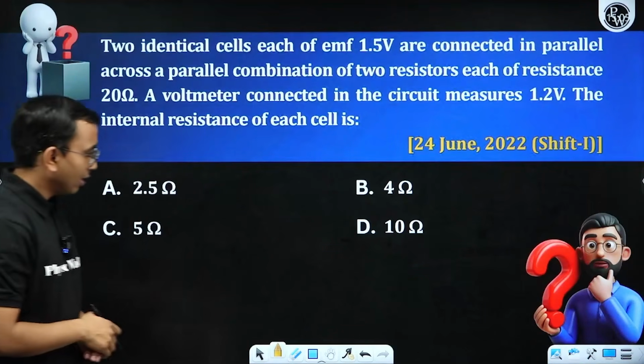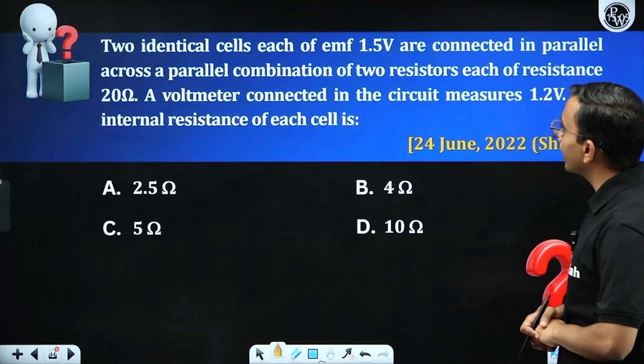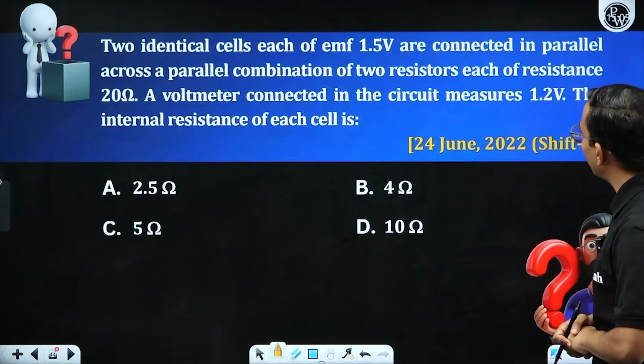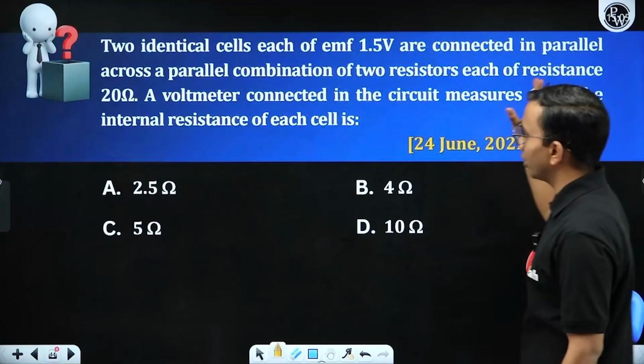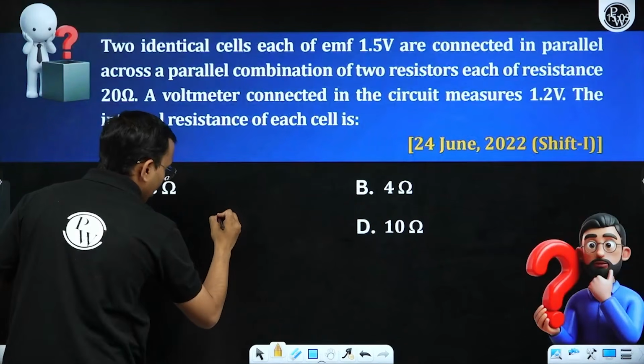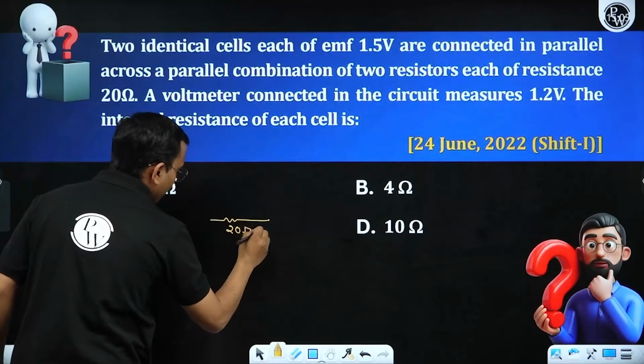Okay, another question. Two identical cells, each of EMF 1.5 volt, are connected in parallel across a parallel combination of two resistors of resistance 20 ohm. What he is saying, two resistors of 20 ohm are in parallel.